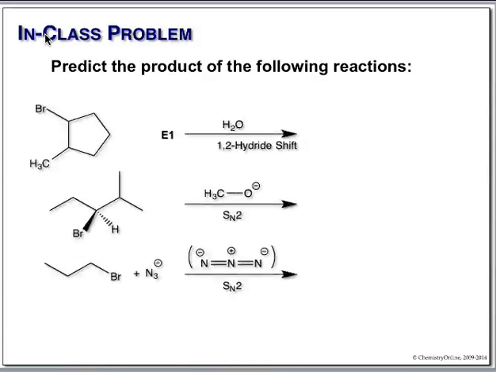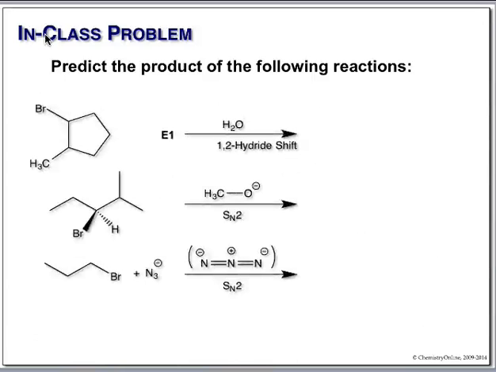All right, this reaction, I said we're going to do it under E1 conditions. That should tell you that we're going to make a carbocation. I also want you to realize that this is going to involve a 1,2 hydride shift.